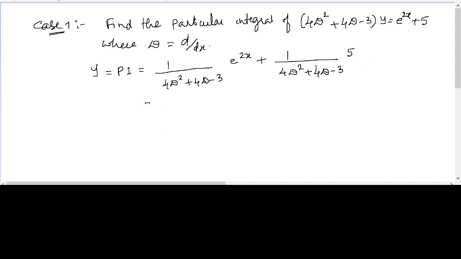Case 1 says that when we have an exponential term on the RHS, while finding the particular integral we replace D by a, D square by a square, etc.